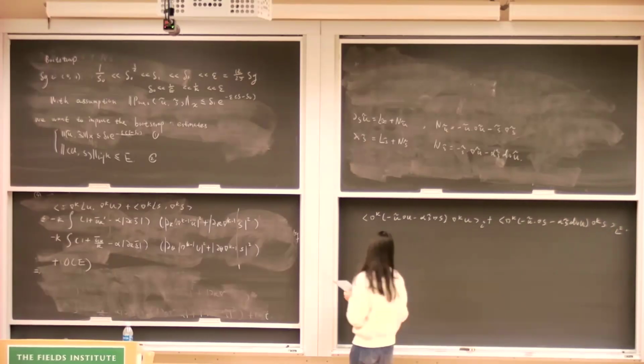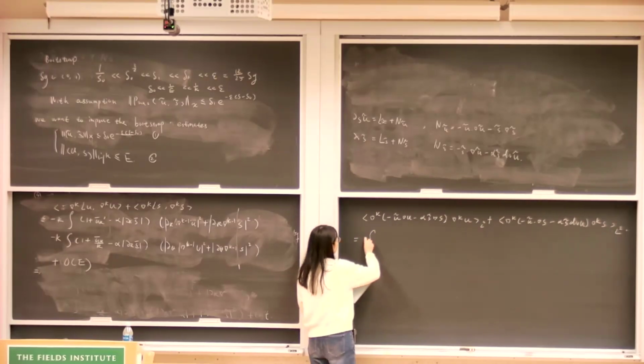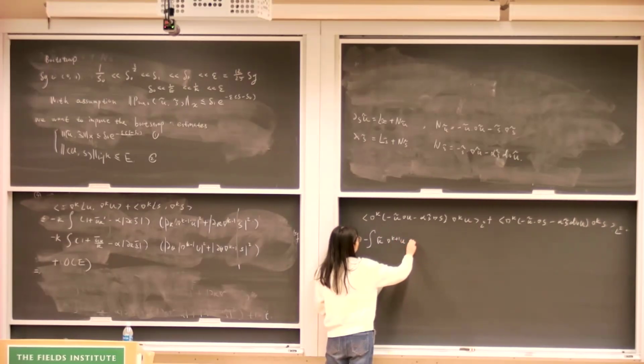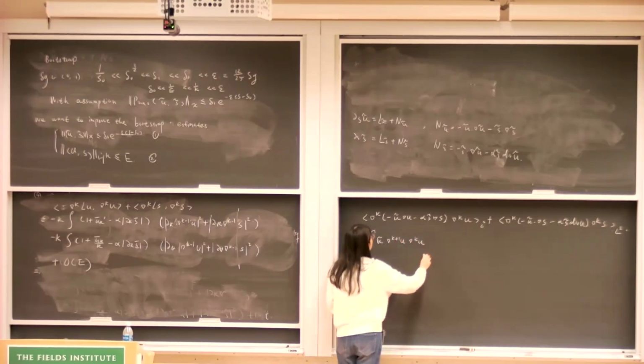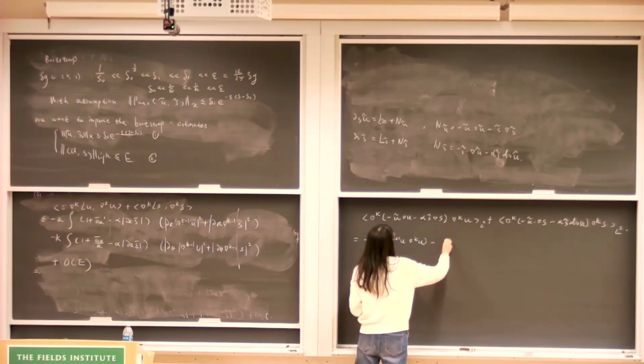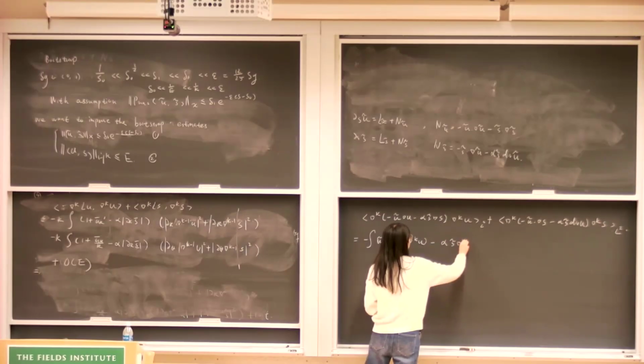Of course, we have the highest order term, but this is always integration by parts. U tilde, gradient^(k+1) u, Ku, minus alpha s tilde.